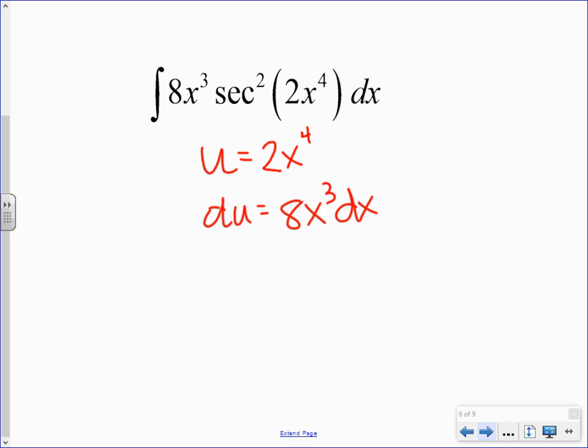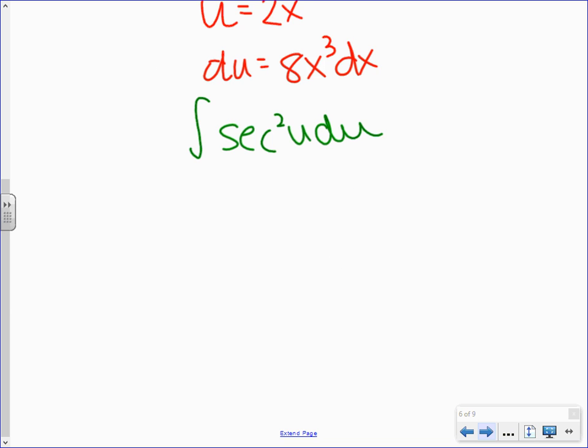Okay, so then, how do we rewrite our integral, Larry? Secant squared u du. Aaron, what's the antiderivative for secant squared? Tangent. So tangent of u plus c.